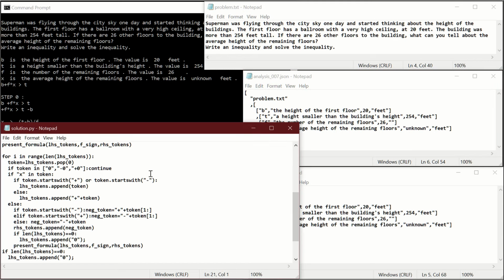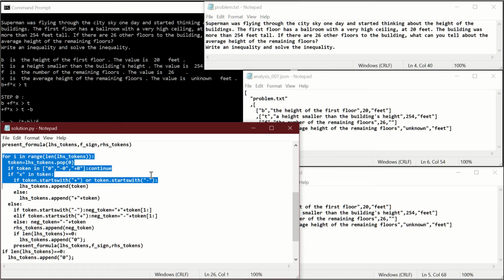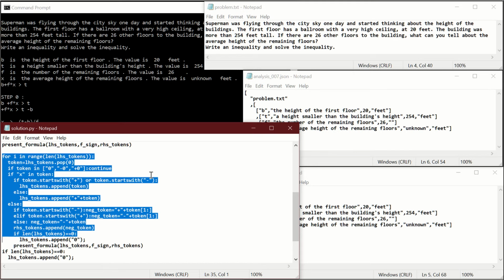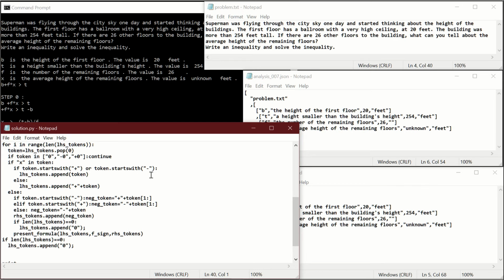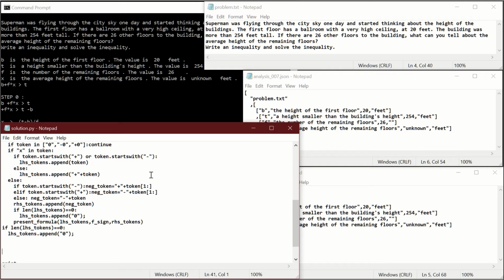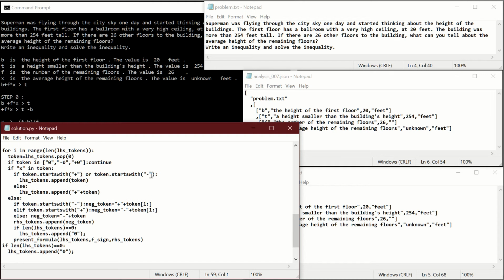So I will start by copying the algorithm on the left hand side because pretty much it will be similar, and modify it to work with the right hand side. Okay, so let's see. I have to loop through all tokens on the right hand side.